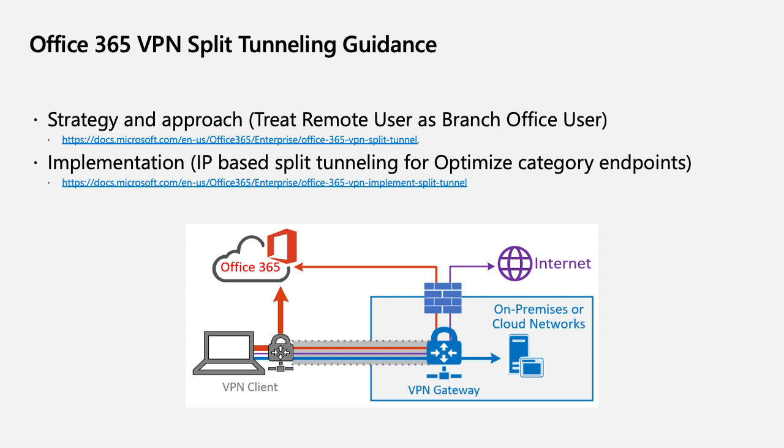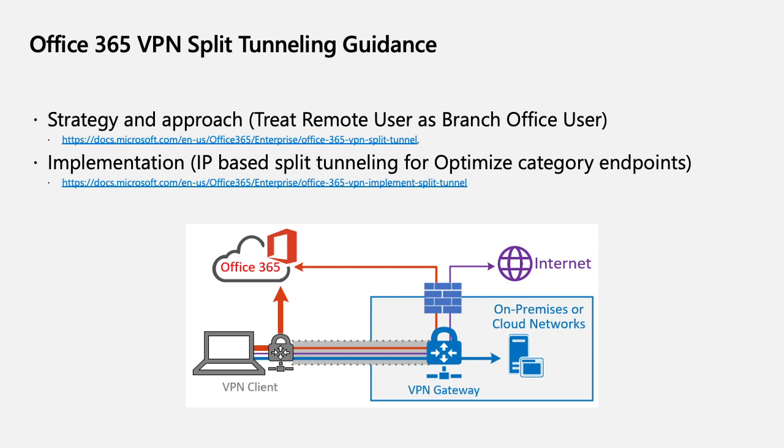By providing a direct connectivity path to the optimized endpoint set, you are not reducing or lowering the security posture for your VPN implementation, because the connections to the internet or the connections to untrusted endpoints or even the connections to Office 365 endpoints that are outside the optimized category is still going via the VPN path, and you are in full control of the traffic.